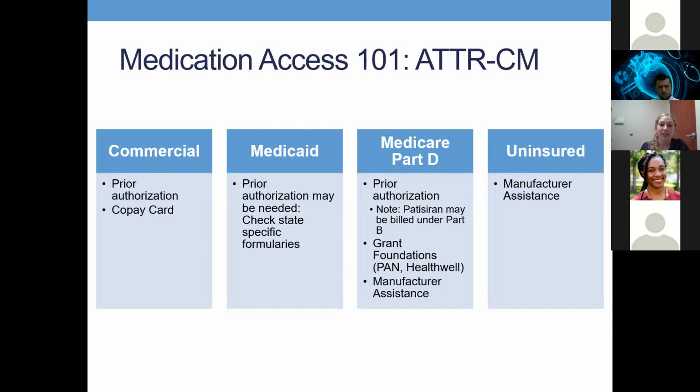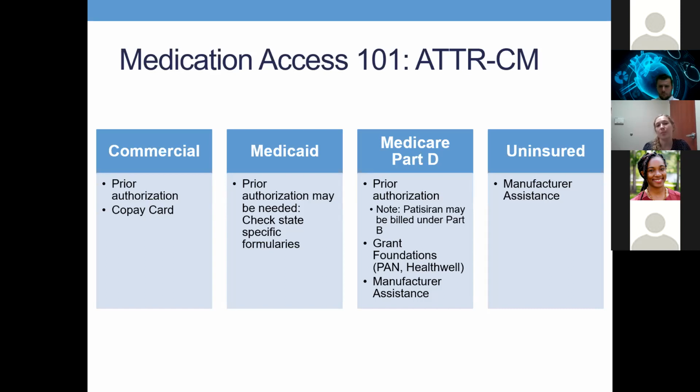For our commercial patients, basically no Medicare or no Medicaid, most of those plans will require prior authorization, but once that is approved, those patients are eligible for copay cards and they will have a $0 out-of-pocket cost. For our Medicaid patients, you do need to check state-specific formularies and prior authorizations may be needed, but once approved, patients can get these medications at the same cost as other medications on the Medicaid formularies.